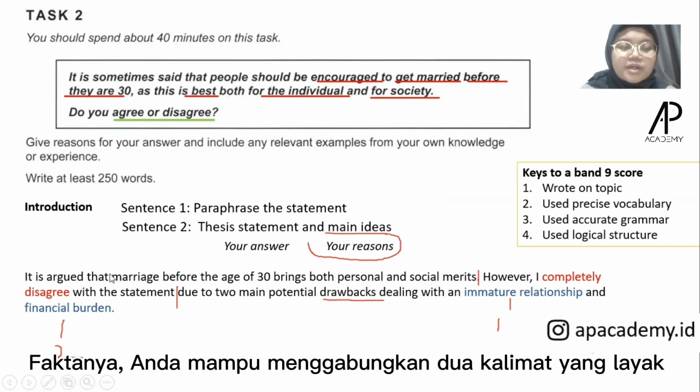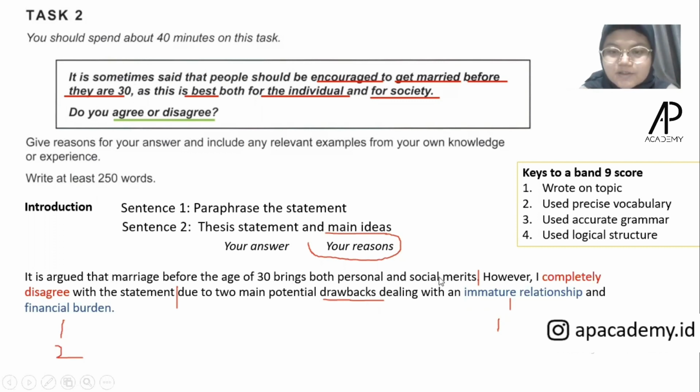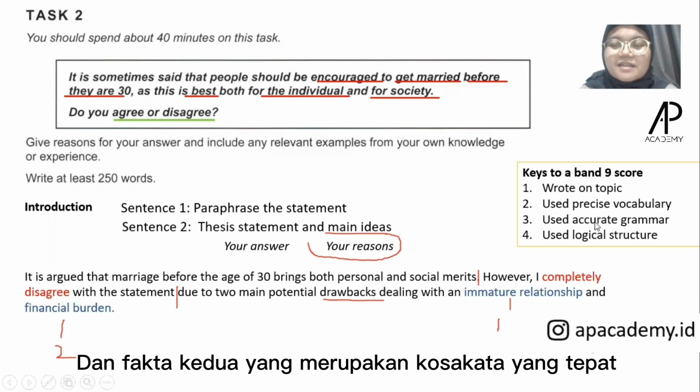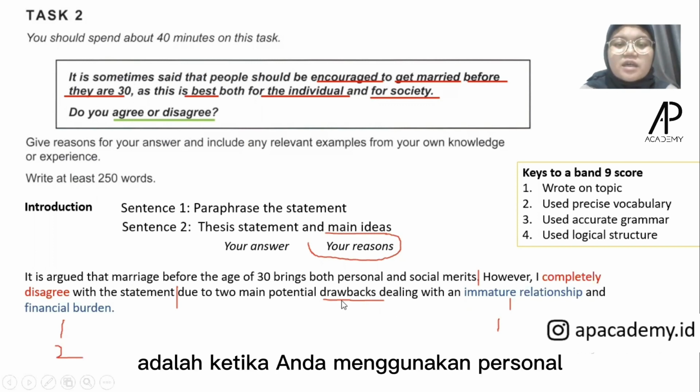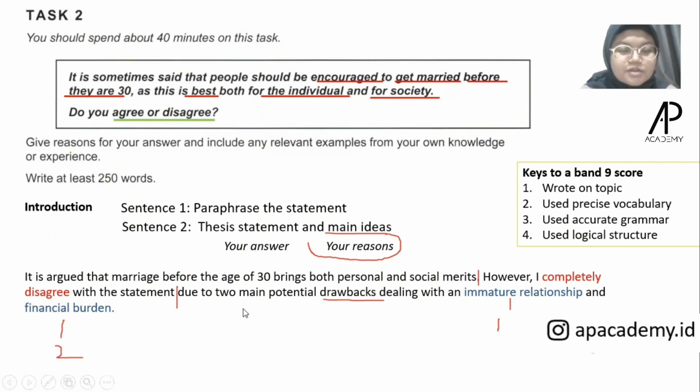You are able to combine two wordy sentences into one sentence which is more precise. And the second fact that it is precise vocabulary is when you use this personal and social merits. It's very beautiful.